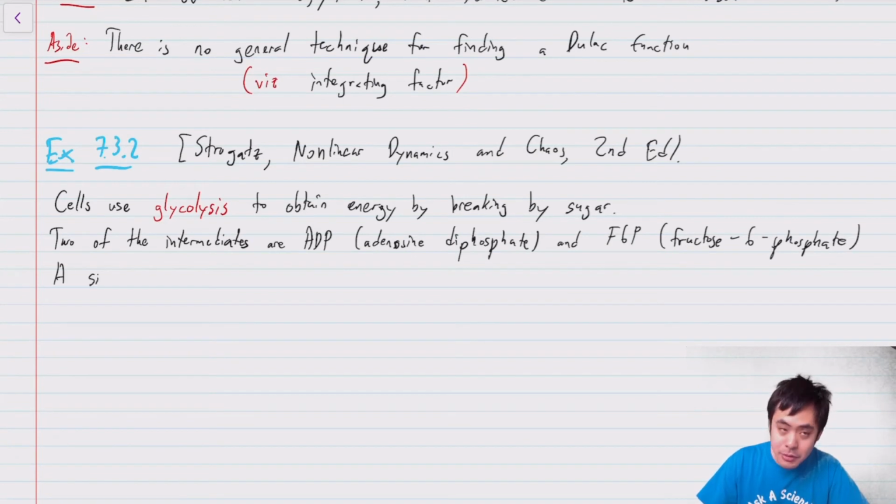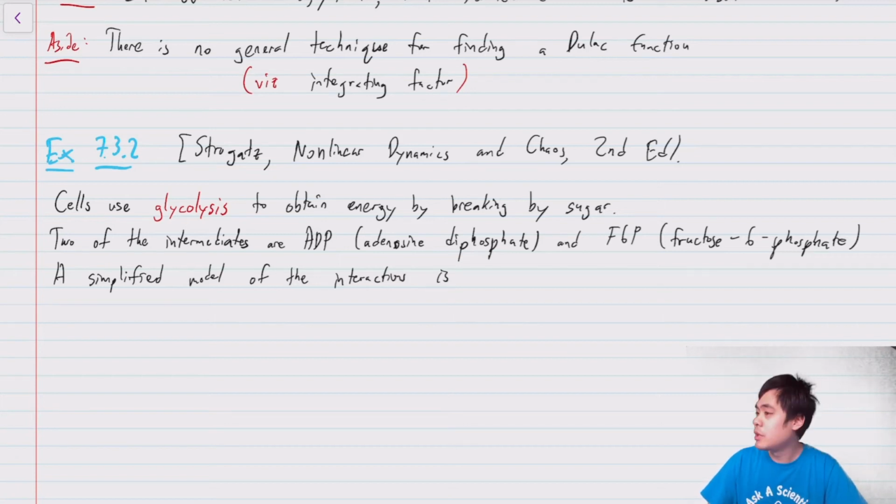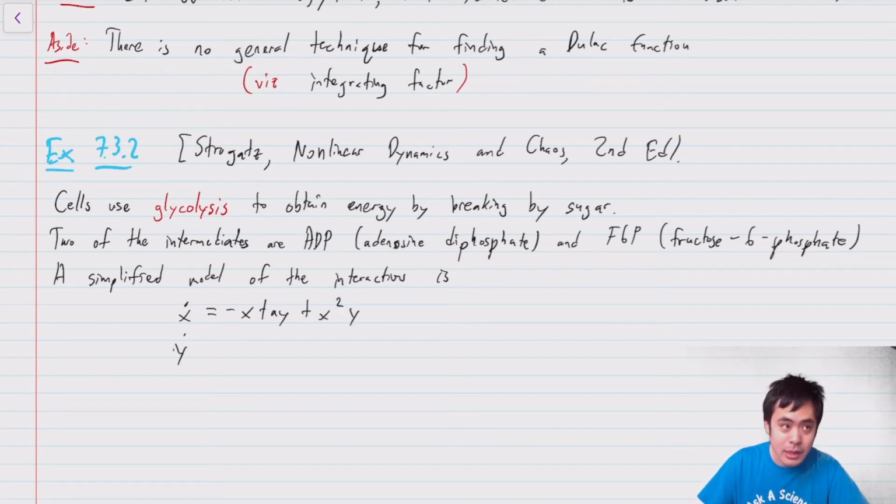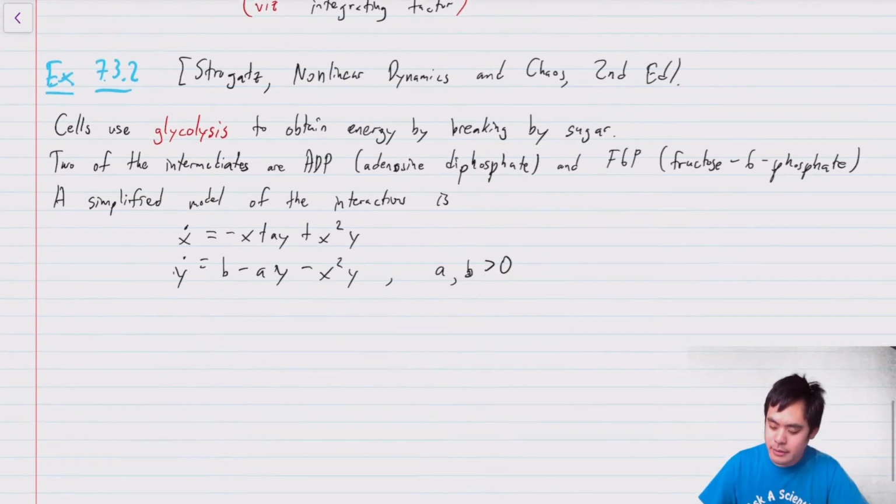A simplified model of the interaction between these two can be written as a system of two nonlinear ODEs. We have x dot equals minus x plus a y plus x squared y, and y dot equals b minus a y minus x squared y, where a and b are greater than 0.